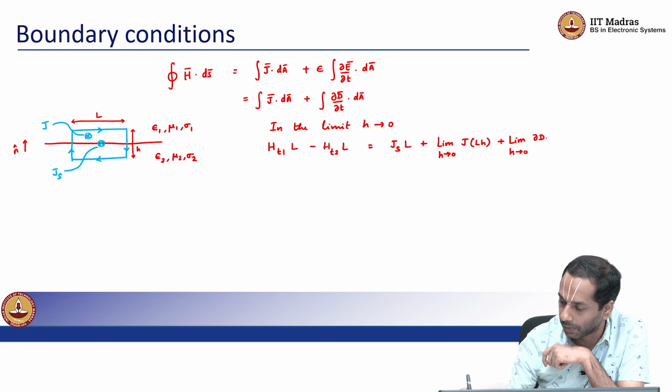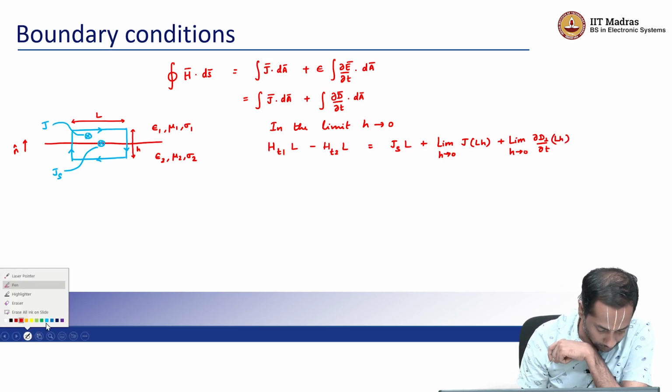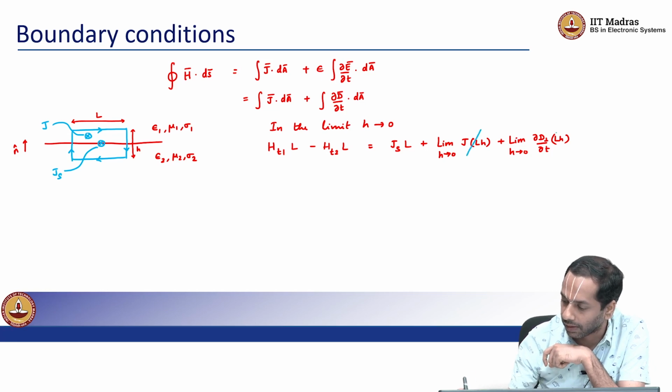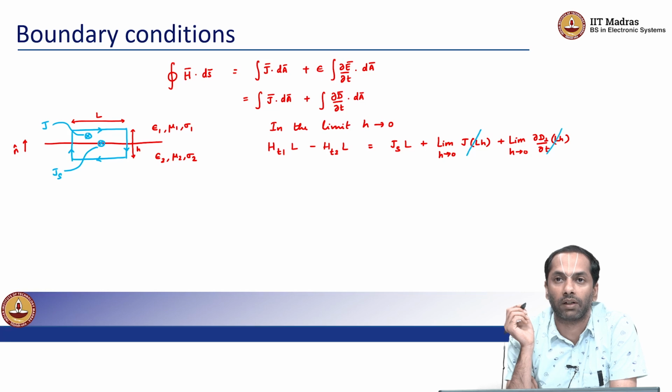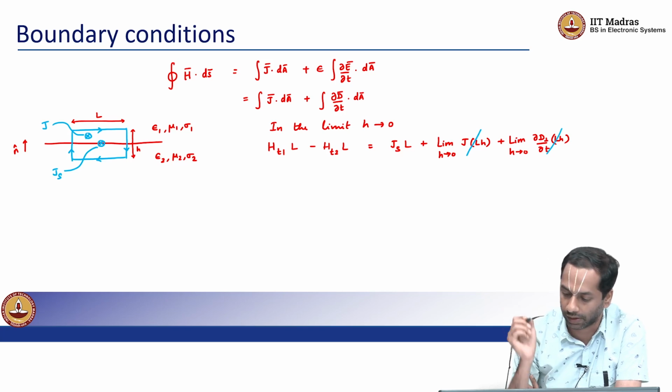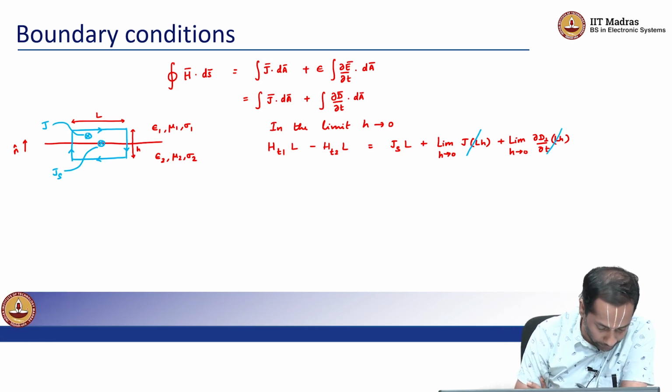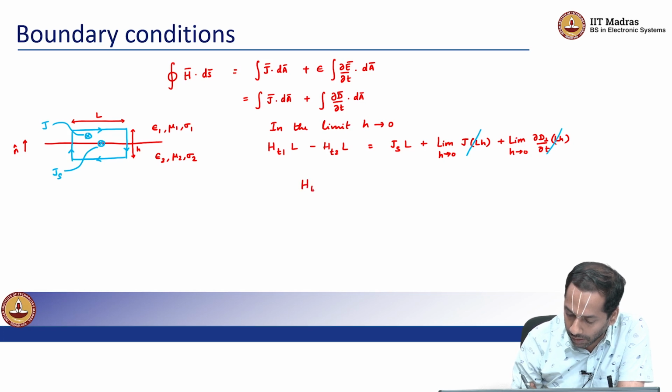So dou D perpendicular by dou T times LH. So just like in the case for our magnetic flux, even the flux due to the displacement vector and the volume current contributions vanish. So all that's left is to say that Ht1 minus Ht2 is equal to Js.